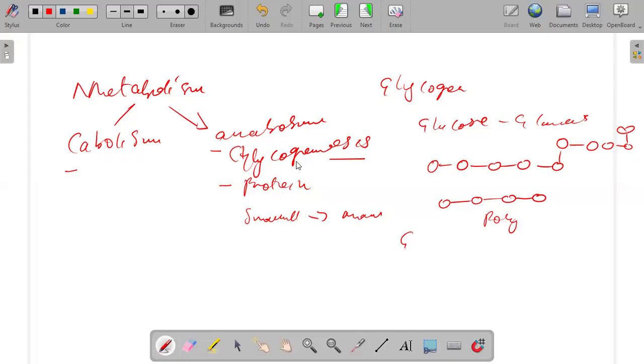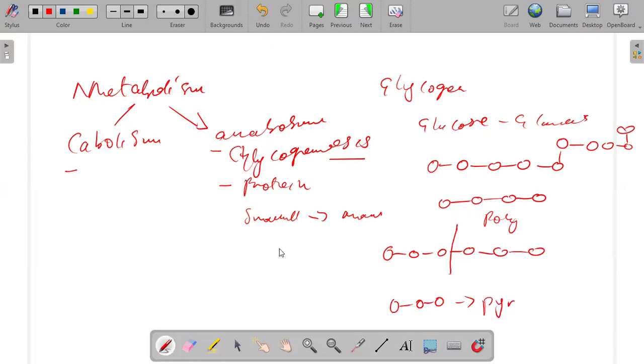Your glucose molecule is a 6-carbon molecule: 1, 2, 3, 4, 5, 6, right? So we have 6 carbons there. We can break this glucose molecule into two molecules, cutting it into 3 equal parts, so we get a 3-carbon molecule. A 3-carbon molecule is called pyruvate, isn't it?